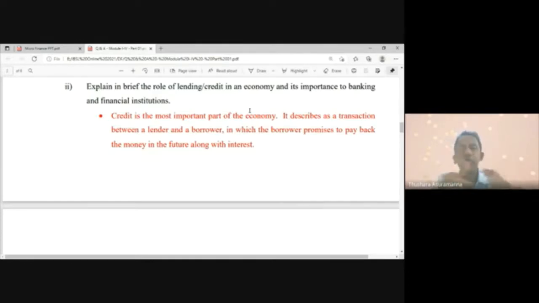There are so many things you can write. Specifically, you can also mention that financial institutions do the job of financial intermediation, where they get money as deposits from somebody and give it out as credit, right? So by lending, we can get more margin while supporting the economy, and also we can service the depositors.